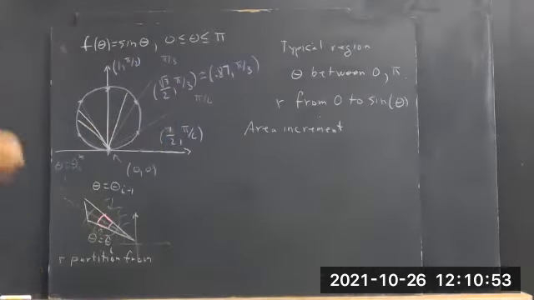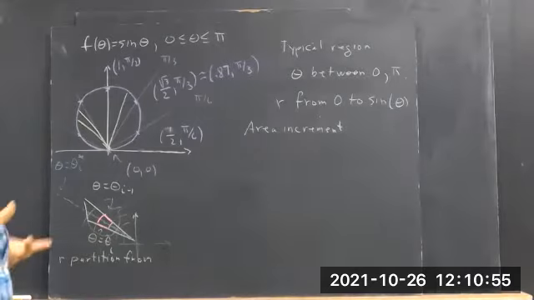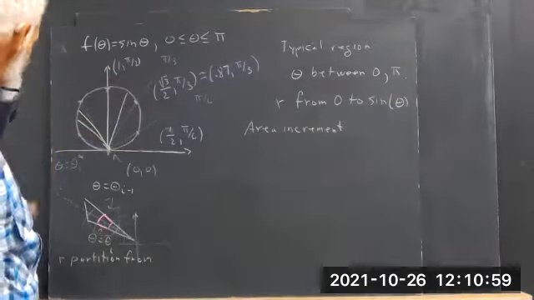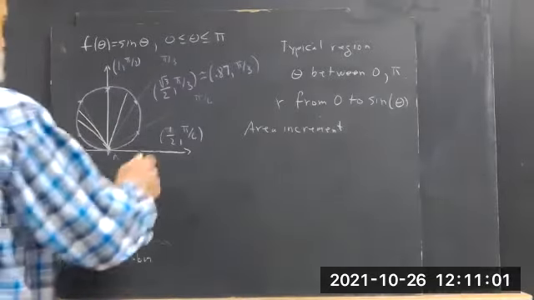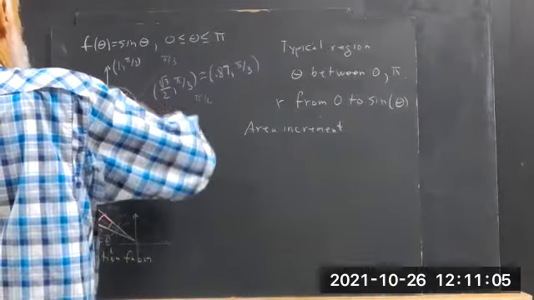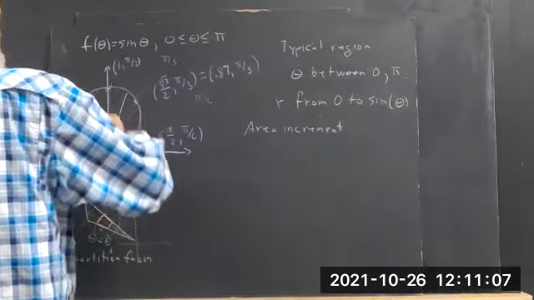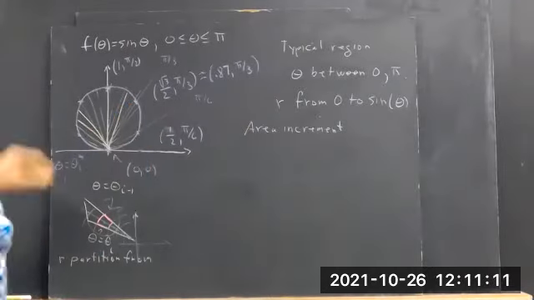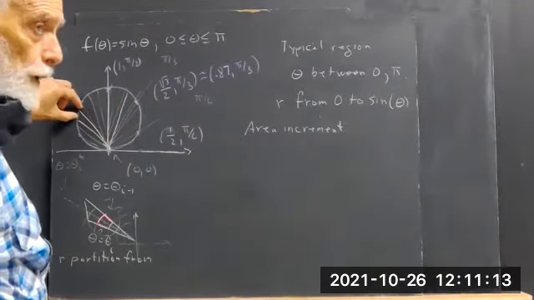Okay, well, to understand what we're doing with the integral, we imagine breaking this up into a bunch of partitions, or partitioning theta. So in partitioning theta, we get a bunch of wedges, if you wish. And here's a typical one, not particularly well drawn.